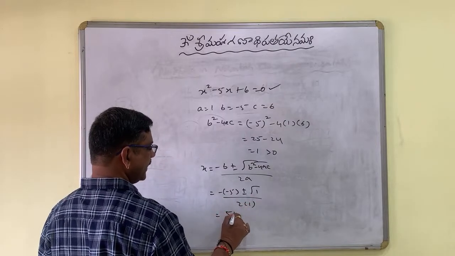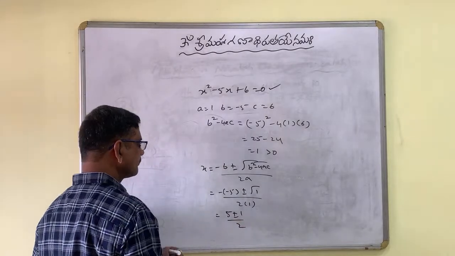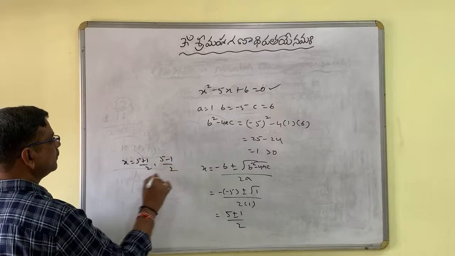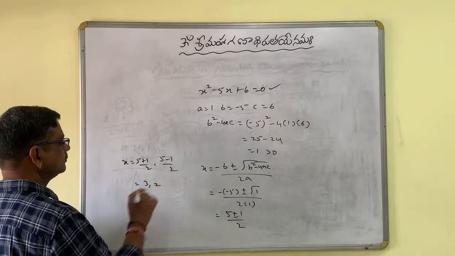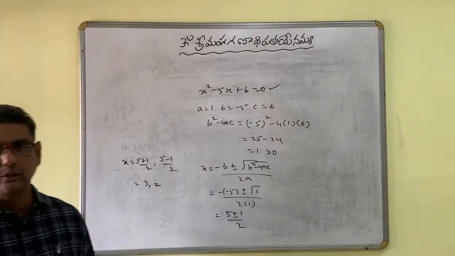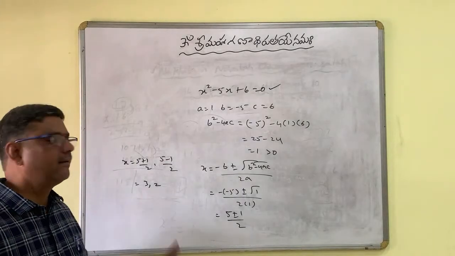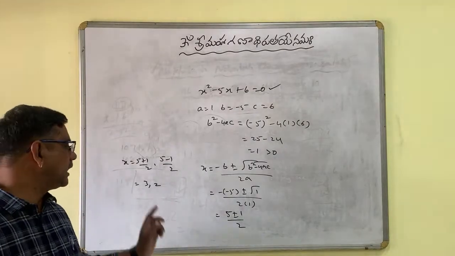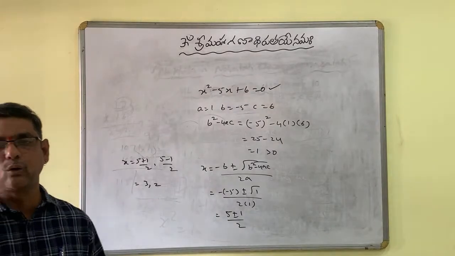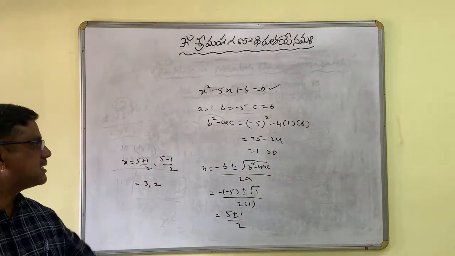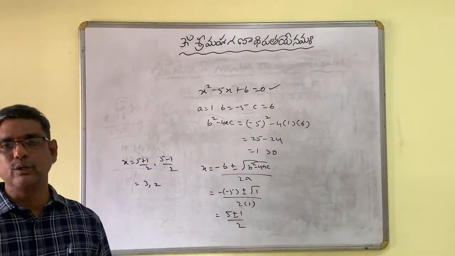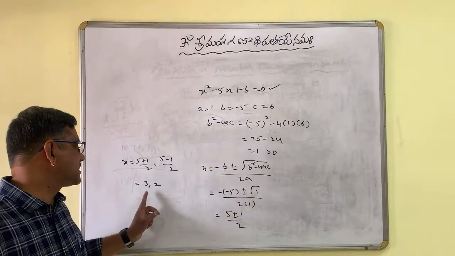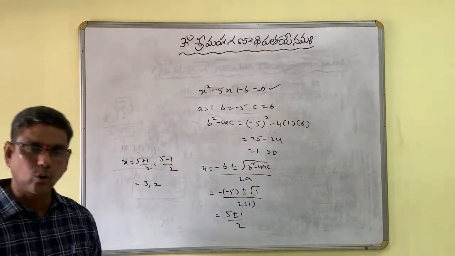So 5 plus or minus 1 by 2. అంటే ఒక రూట్ 5 plus 1 by 2, ఇంకొక రూట్ 5 minus 1 by 2. 6 by 2 is 3, and 2. Observe చేయండి, we got two roots and they are different. Since b square minus 4ac is greater than 0, we'll get two real and distinct roots.